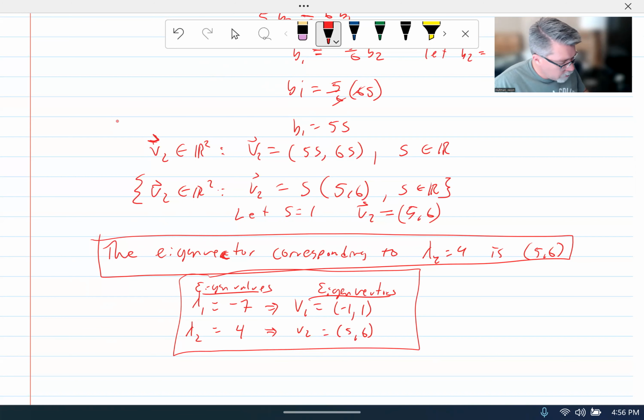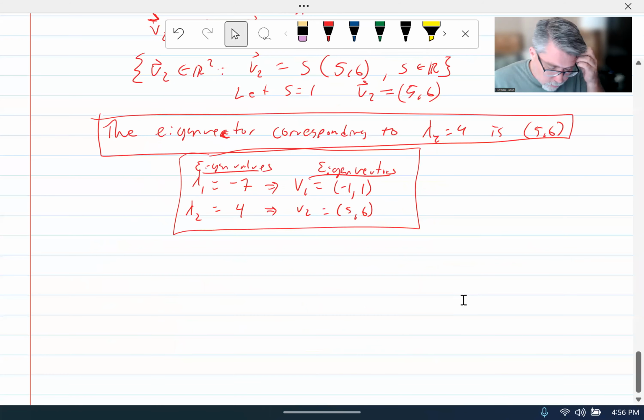Okay, let's do one more of these. But we're gonna see what happens when we get our characteristic equation to give us imaginary values.